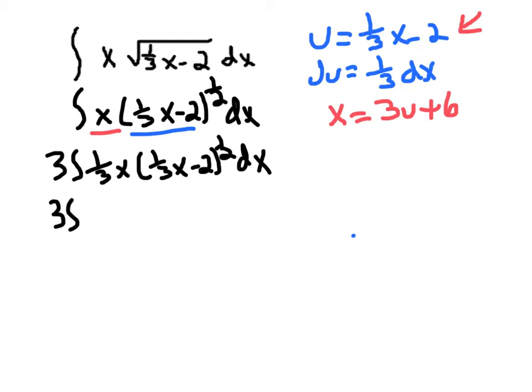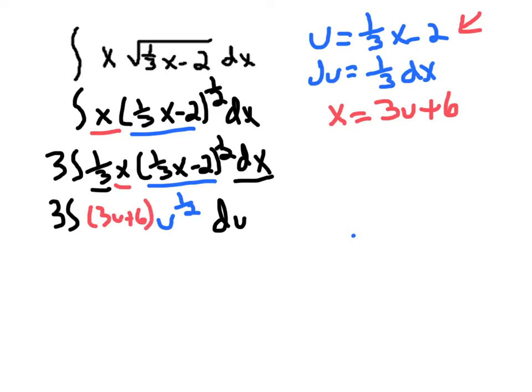Now remember, this 1/3 here and this dx here become my du. This binomial becomes u to the 1/2, and that extra x that I have becomes 3u plus 6.